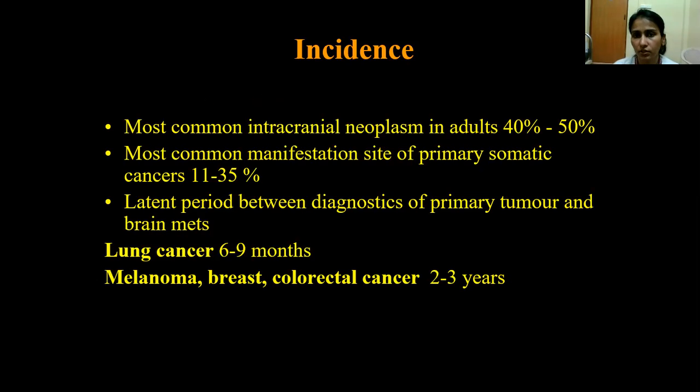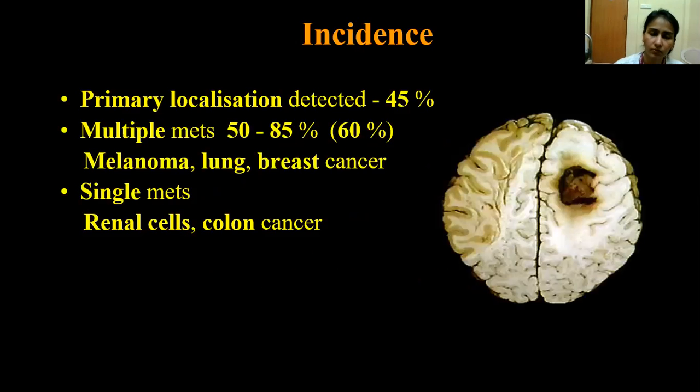So what is the incidence of cerebral metastasis? These are the most common intracranial neoplasm in adults, 40% to 50%. The most common manifestation site of primary somatic cancer is 11 to 35%. Then the latent period between diagnosis of primary tumor and brain mets: for lung cancer, the primary to metastasis diagnosis time is 6 to 9 months, whereas in melanoma, breast, and colorectal cancer, it is 2 to 3 years.